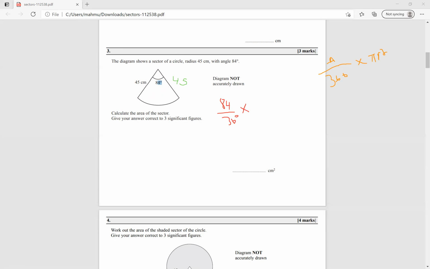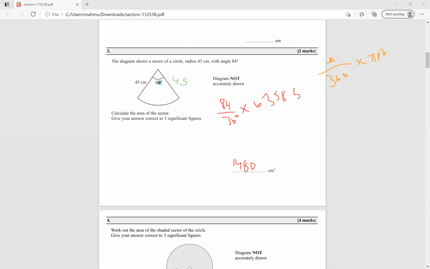So 45 times 45 times 3.14, that's a big number actually. 6358.5. So if I times this by 84 divided by 360, your answer should be 1480. Yeah. That's your answer.